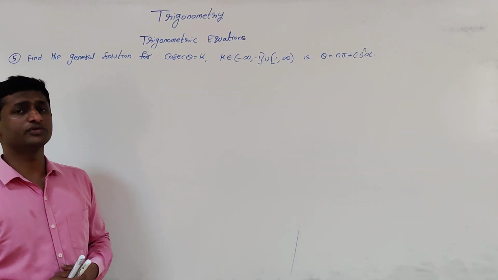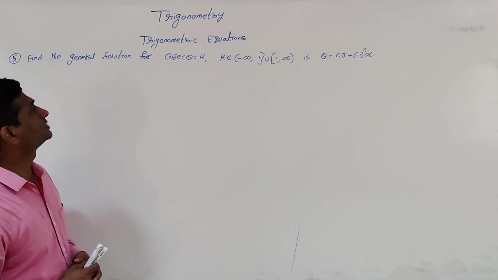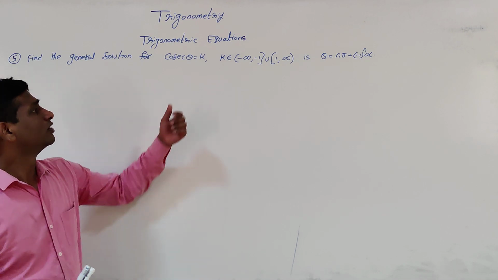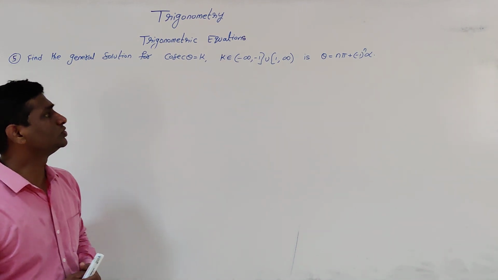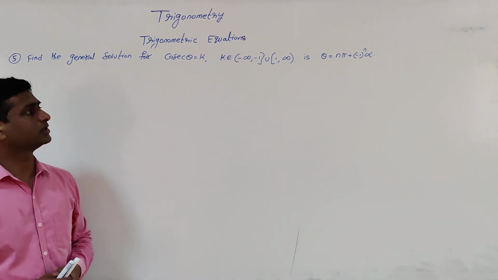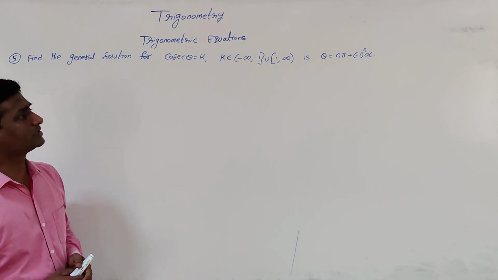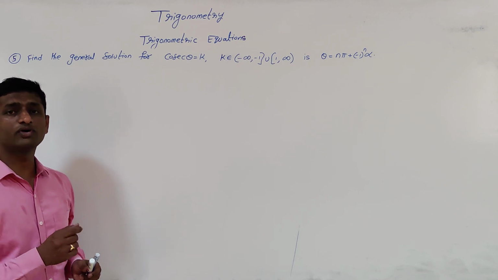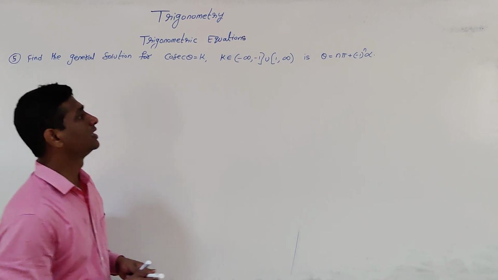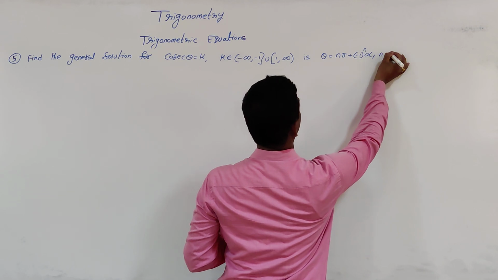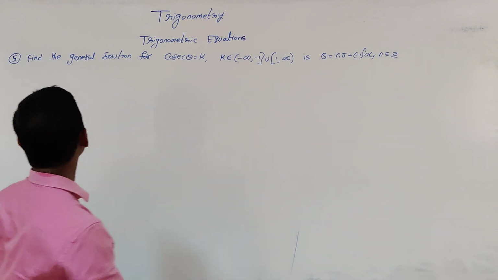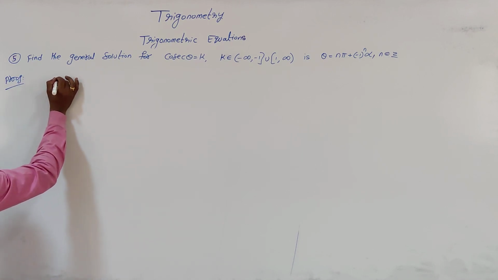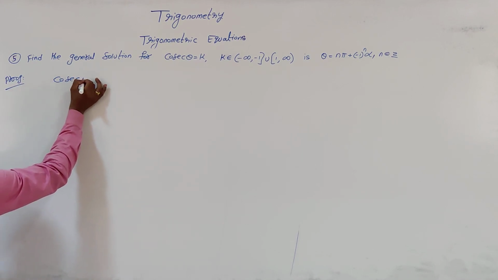Find the general solution for the trigonometric equation cosecant theta is equal to k. What is the range of cosecant theta? Again minus infinity to minus 1 closed union half closed 1 to infinity. The solution is theta is equal to n pi plus minus 1 whole to the power of n into alpha, where alpha is the principal solution and n belongs to Z. So proof: cosecant theta is equal to k.